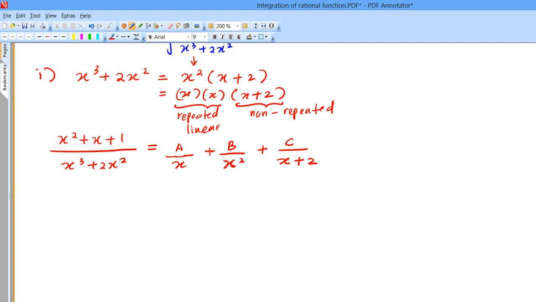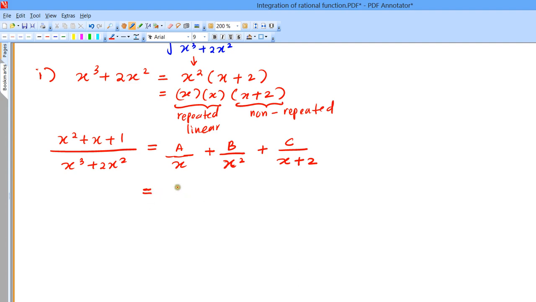Okay, and then how to find these values? Actually, we can compare coefficients. The denominator at left hand side must be equal to right hand side, so we can perform cross multiplication.